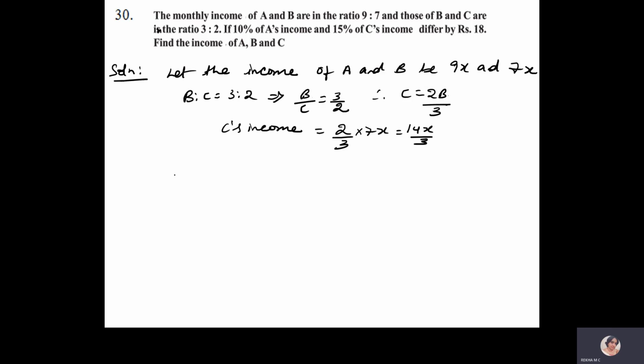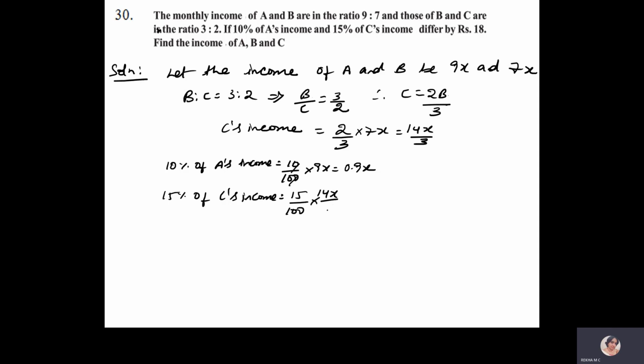Then 10% of A's income is equal to 10/100 into 9x, that is 9/10, that is 0.9x. Then 15% of C's income is equal to 15 by 100 into 14x by 3.